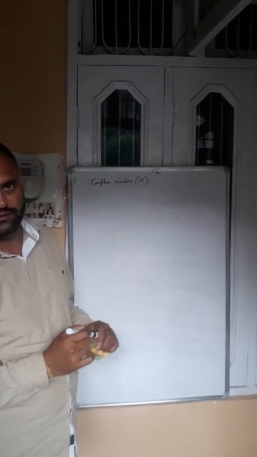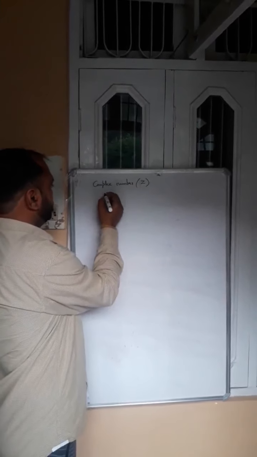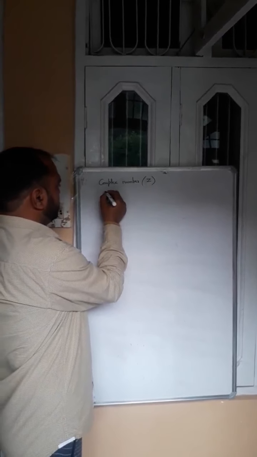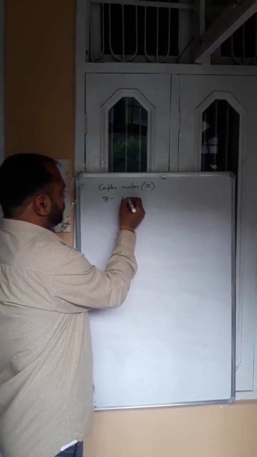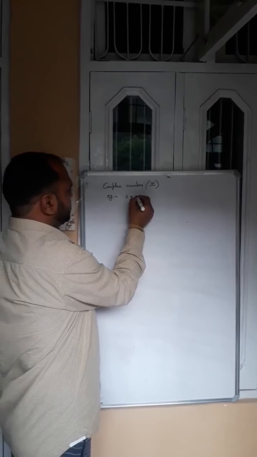It is denoted by z, small z, right? So let us take an example. For example, 2 plus 3 iota. This is an example of a complex number.